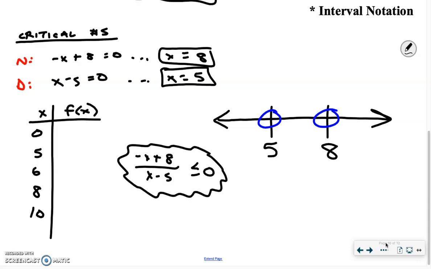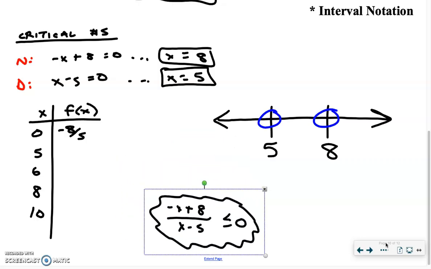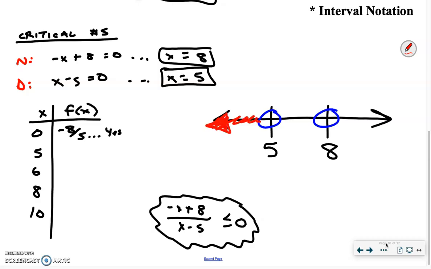When we put a 0 in for x, we're going to get negative 8/5. Remember, we're trying to compare as to whether or not this is less than or equal to 0. What are you going to tell me? Negative 8/5. Is that less than or equal to 0? Yes, it is, which means that my shading, less than 5, absolutely, we're going to shade that.